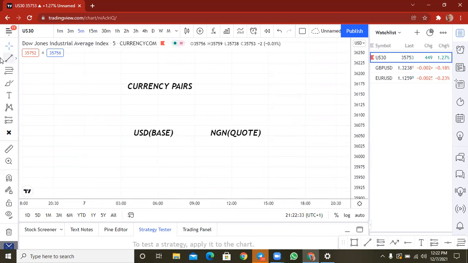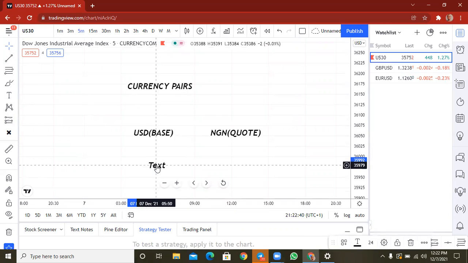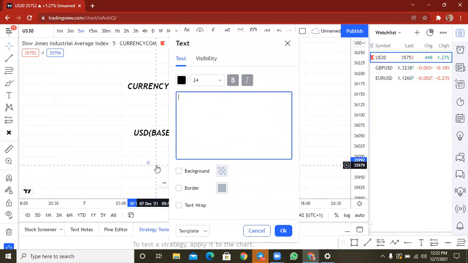What's going to be the name of the currency pair? Without any hesitation, we have the GBP, the Great British Pound, as the base currency here, and the USD as the what? Quote currency.